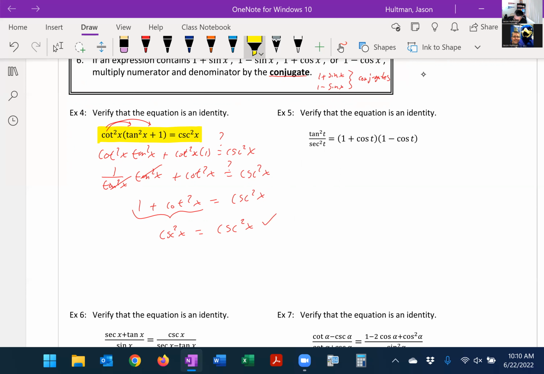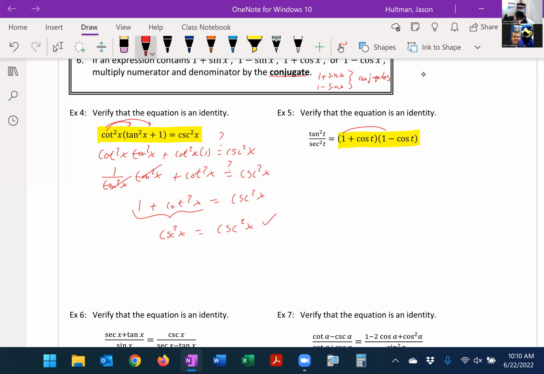Now for this one, we want to change things into cosines and sines. What I'd really like to do is simplify both sides at once and see if I can get to something that they both equal. This side over here, I can FOIL out.